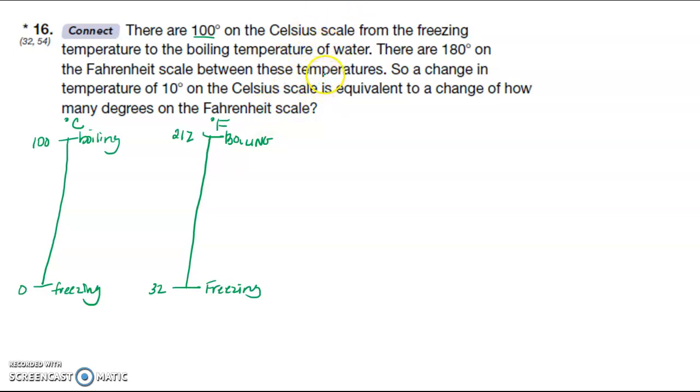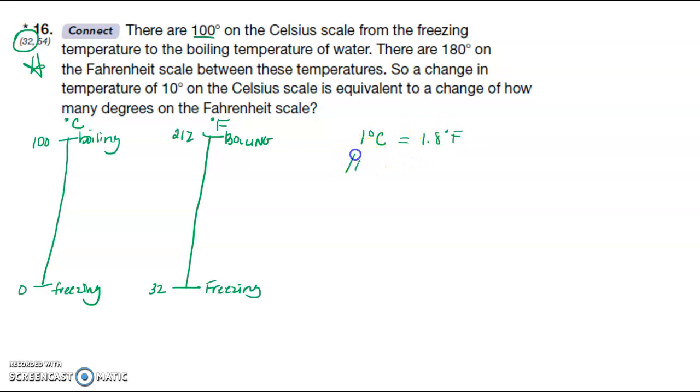That is interesting. So let's see. I'm not sure. I'm going to have to pause this one. Hold on. Okay, so I went back to lesson 32, and it says that a change of 1 degree on the Celsius scale is equal to 1.8 degrees on the Fahrenheit scale.